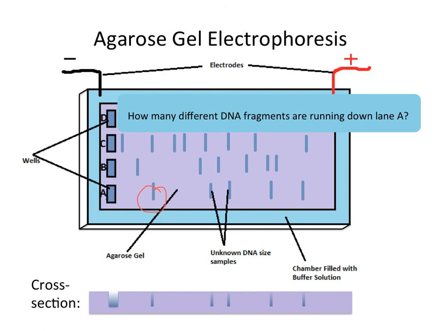So all of those copies of DNA stay together. They're evident as a single band on this gel, a band of DNA copies. So we've got one there, second band, third band, fourth band, fifth band. So there were 5 different sizes of DNA that I loaded into well A, and they moved through the gel at different rates.